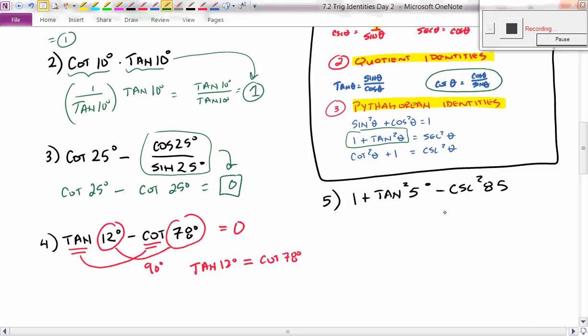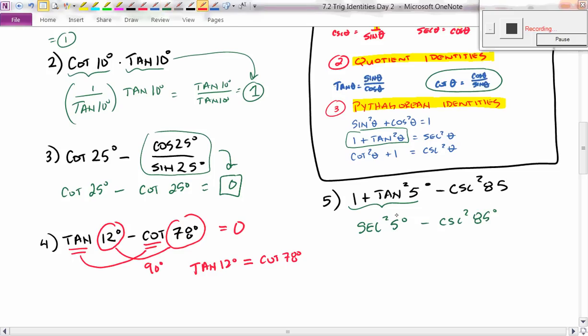1 plus the tangent squared of 5 degrees minus the cosecant squared of 85 degrees. Well, I know that 1 plus tangent squared of something is the same thing as the secant squared of something. So all of this can be simplified to the secant squared of 5 degrees minus the cosecant squared of 85 degrees, based off of the Pythagorean identity.